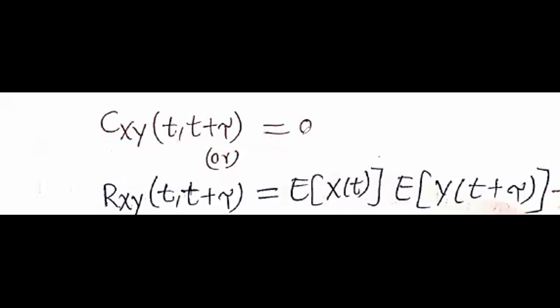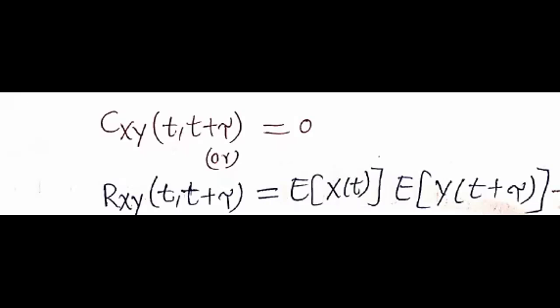If two random processes x of t and y of t are uncorrelated, you see, Rxy of t comma t plus tau is equal to E of x of t into E of y of t plus tau. So this is the condition for statistical independence. Here, independent random processes are uncorrelated, but the converse is not always true.